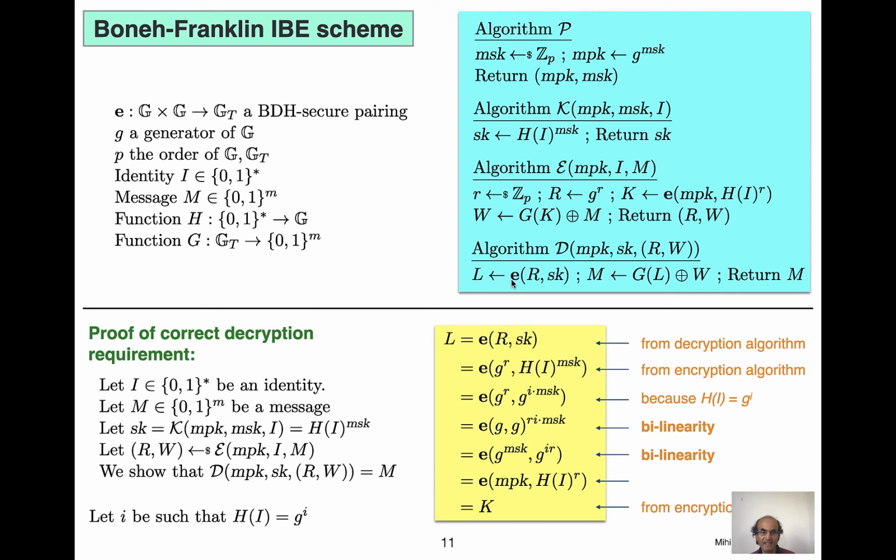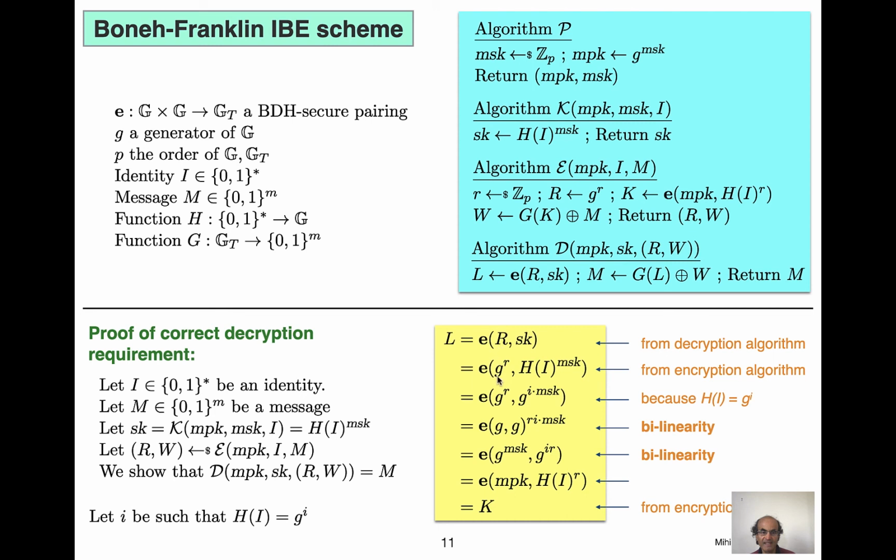And the claim is that if you apply the pairing to this here, which is g^r, and to the secret key created here, you will actually recover this value here. If we believe that, then applying the hash function G to L and XORing W will of course recover the message. Okay? So the main thing is, why are K and L the same? And that is simply true by the magic of pairings.